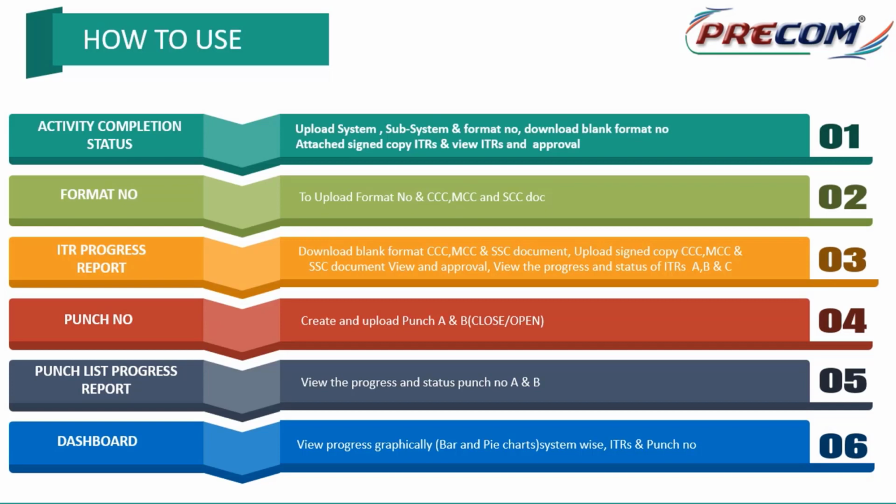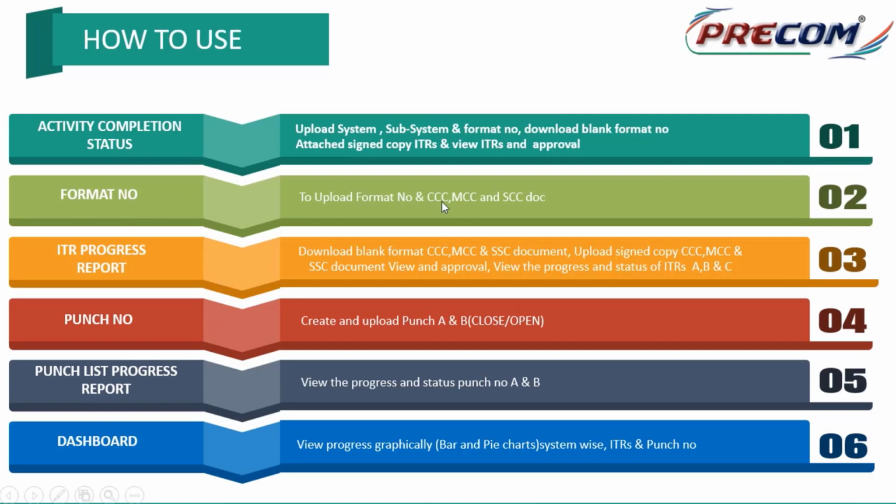Those formats have to be filled, and the signed copy has to be uploaded into the system, and when each format is completed, the tick mark has to be done. So we go in a procedural way, where individual item progress is captured with documented proof that gets rolled up at subsystem level and system level. This is how things flow here.